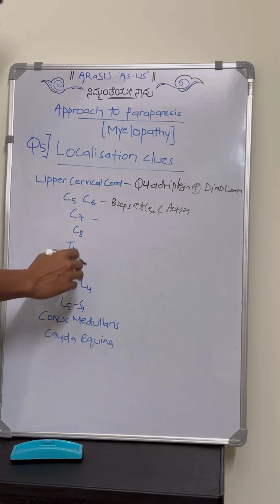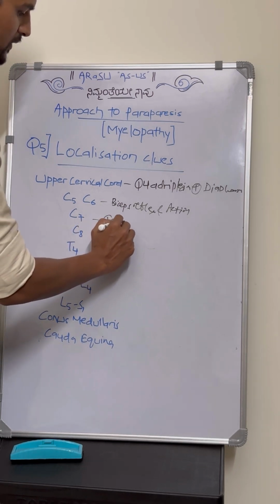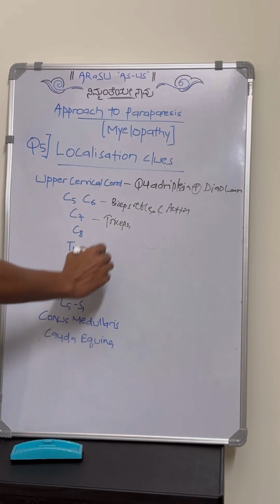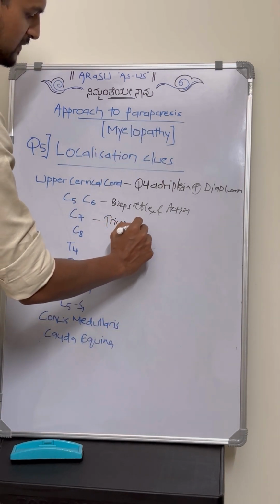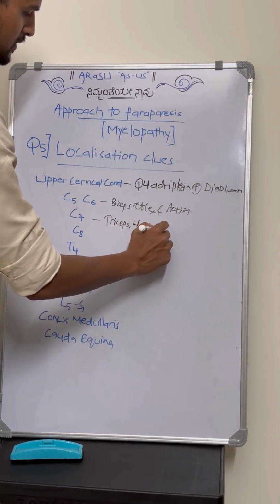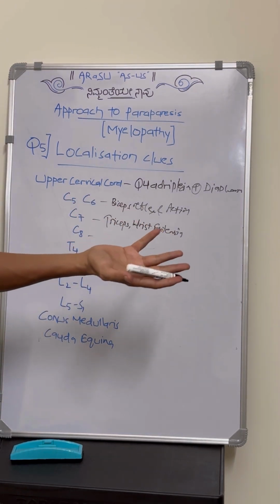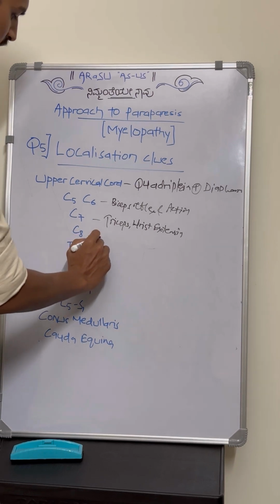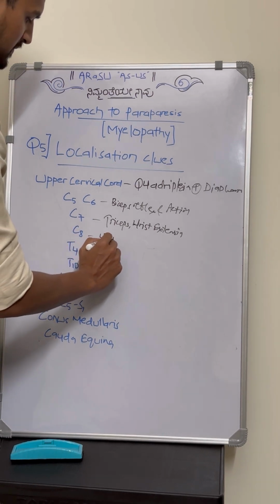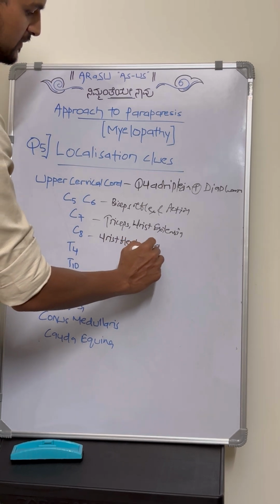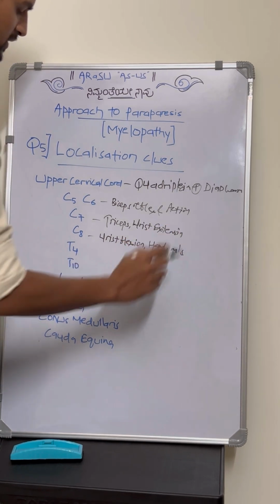C7 is mainly for triceps, action and reflex, then the extensor aspect of the upper limb, so mainly wrist extension we can consider. C8 is about wrist flexion and the hands, so mainly wrist flexion and the hand muscles will be affected.